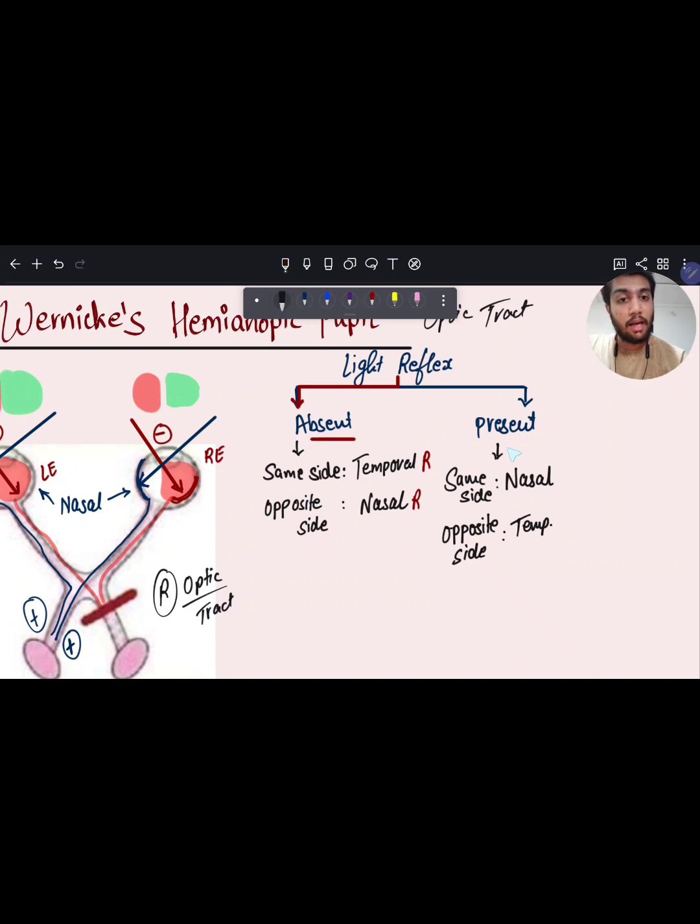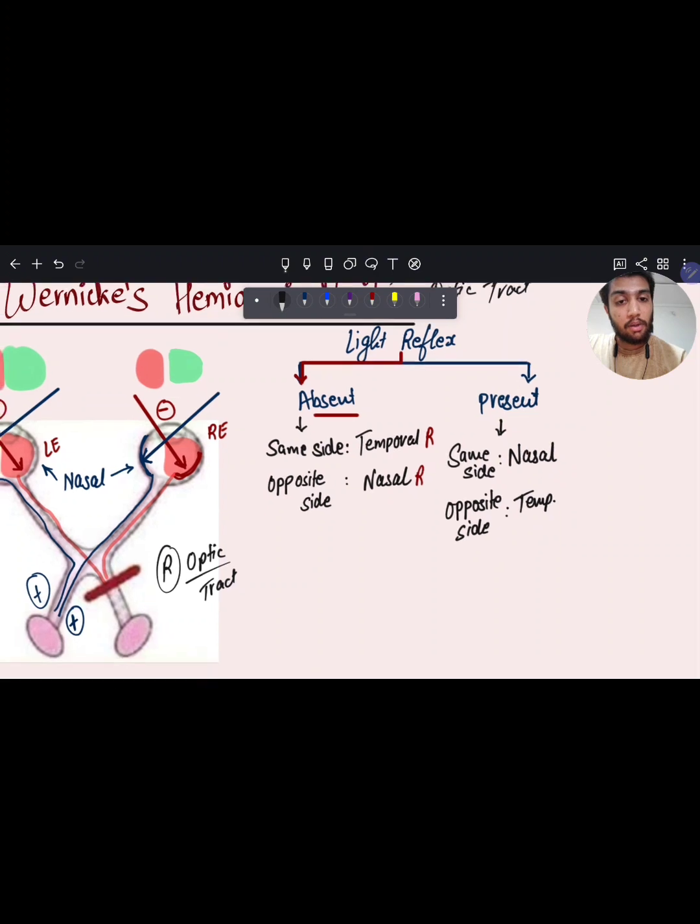And if the lesion is on the right optic tract and you are throwing light on the nasal retina of the same eye, the right nasal retina, then the pupillary light reflex will be present. And on the opposite eye, the left eye, if you are throwing light on the temporal retina, the light reflex will be present.